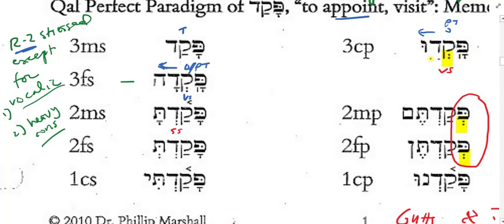So pakadu. Say that, pakadu. That's what roosters say in the morning. Pakadoodle-doo. Okay, so pakadu, they appointed. And that they could be any gender. Okay, we don't distinguish genders here. So on the singular side, we distinguish he versus she, but on the plural side, they are all the same.